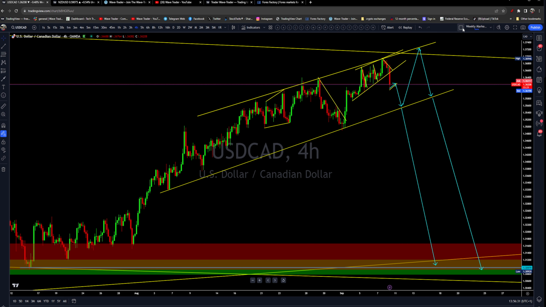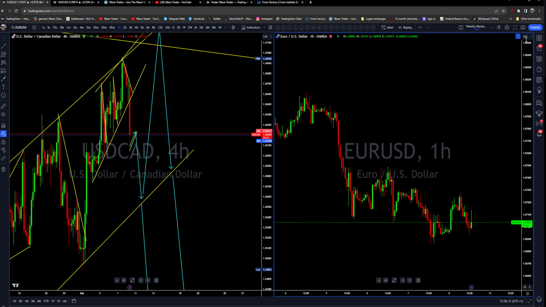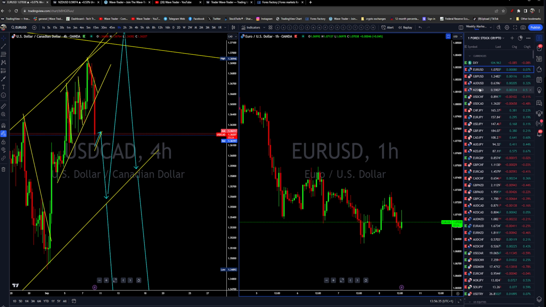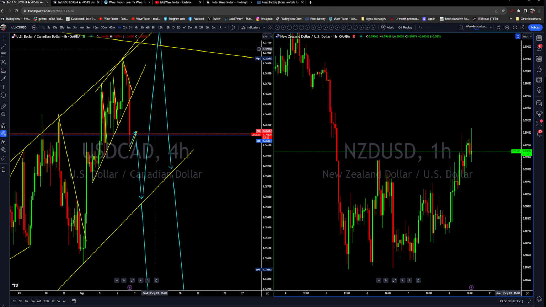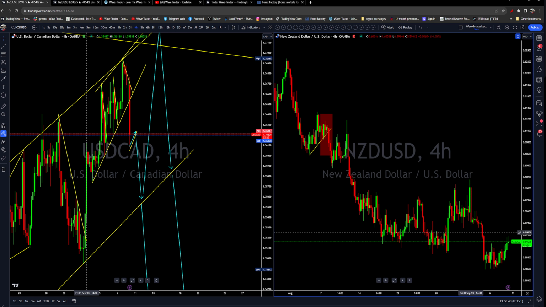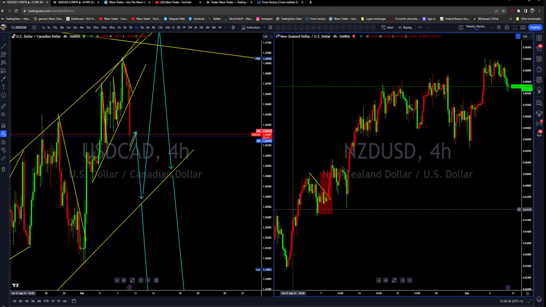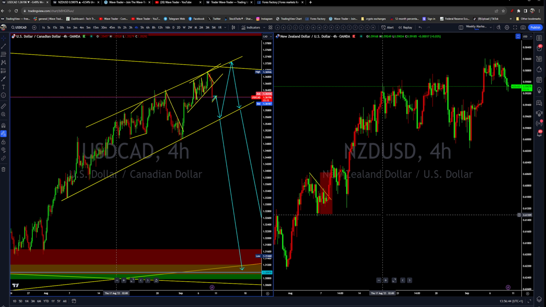If I pull out, some strength came over there on the New Zealand dollar. There you can see that some strength came from the lows. If I invert that, it's very much similar to the dollar CAD chart.